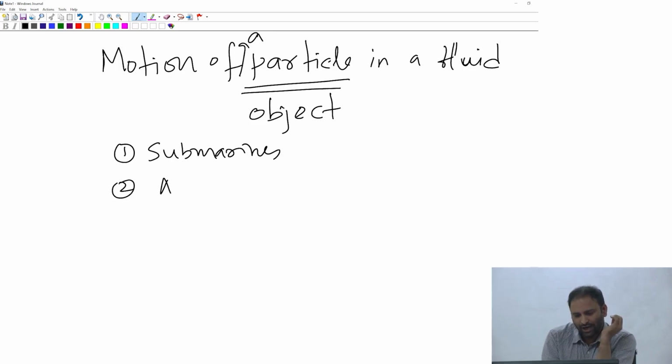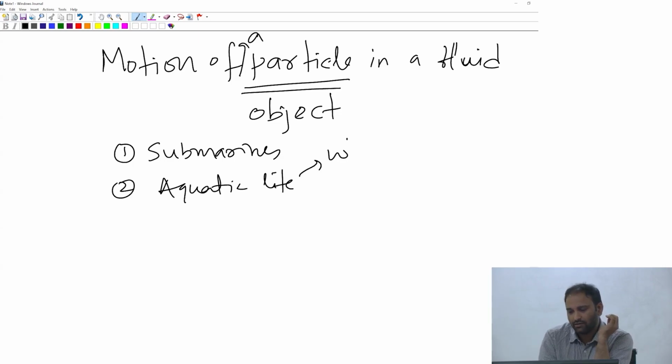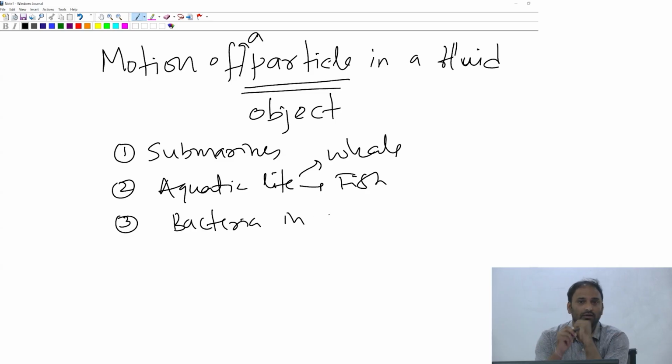A lot of aquatic life, it could be a whale, it could be a fish, or any other thing. You also come across motion of bacteria in a fluid. Plus, if somebody is interested in swimming, you can think about swimming of people in a fluid. So there are a lot of instances where motion of an object or a particle comes into the picture.